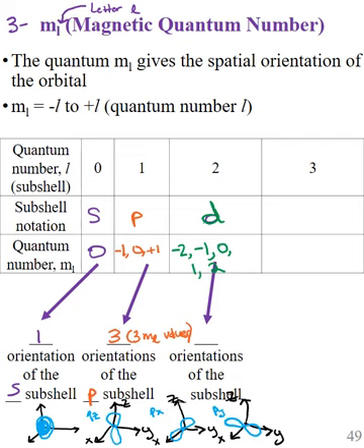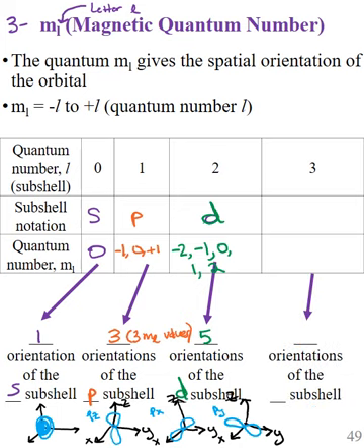Because I have 5 values of m sub L, I can have 5 orientations of the D subshell. And the D subshell is a lot harder to draw, so I'm not even going to draw it here. I'm going to wait to show you a picture of it. But I can have 5 orientations of the D subshell.